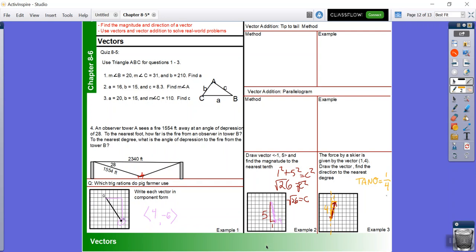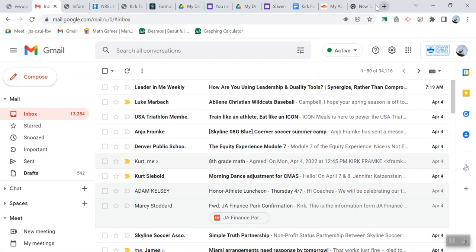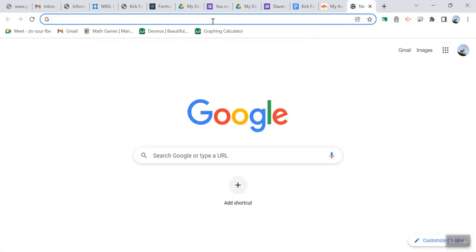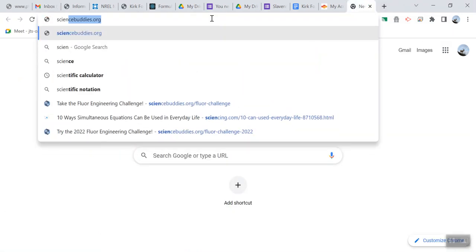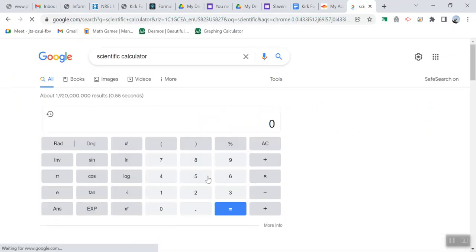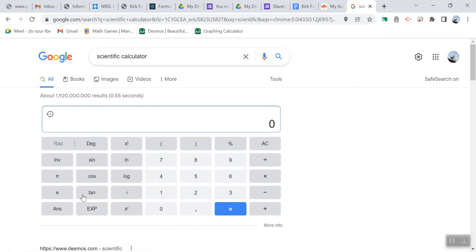So I'm going to go to my calculator. Oh, really, I'm going to go to my email. And I need a scientific calculator. All right, so I need an inverse button here, and this is definitely in degrees. All right, and I don't have an inverse button. That's really helpful. Oh, maybe this.